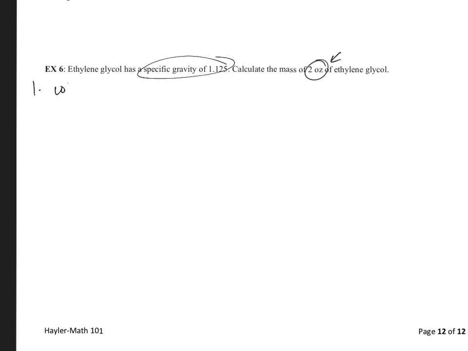We're going to have to convert the volume to milliliters. Well, remember 1 ounce is 30 milliliters. So 2 ounces is going to be 60 milliliters. Alright, so we've converted to milliliters. We can go ahead and solve now.